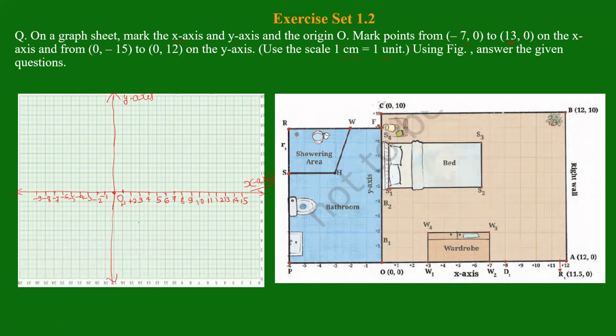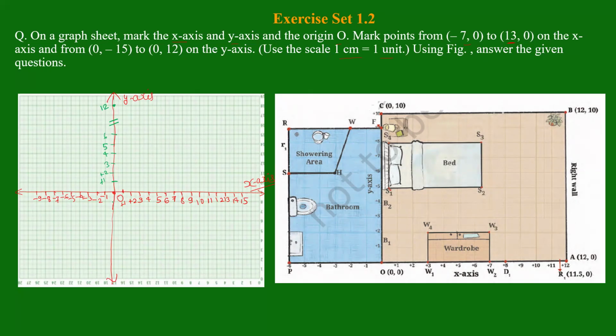Now for the y-axis, again here this is +1, this is +2, 3, so all are positive here, 4, 5, 6, okay. Here 7, and it will go up to 12. Somewhere I'm making a fold, and this point I'm taking as 12.